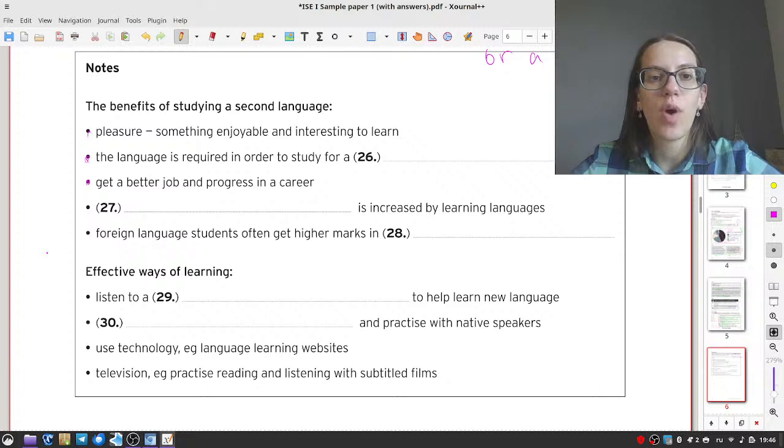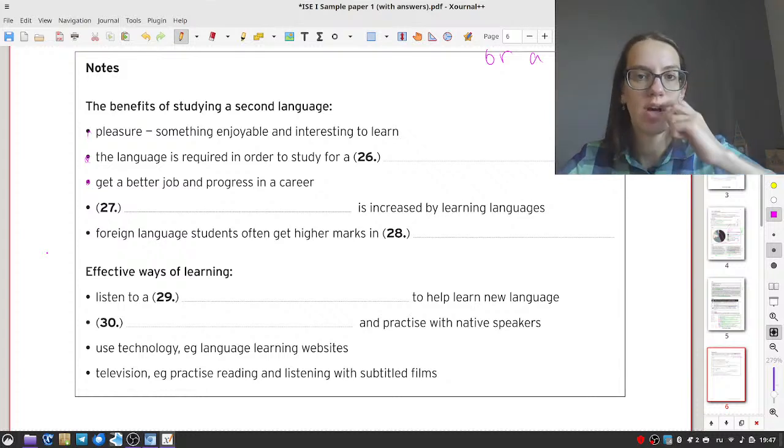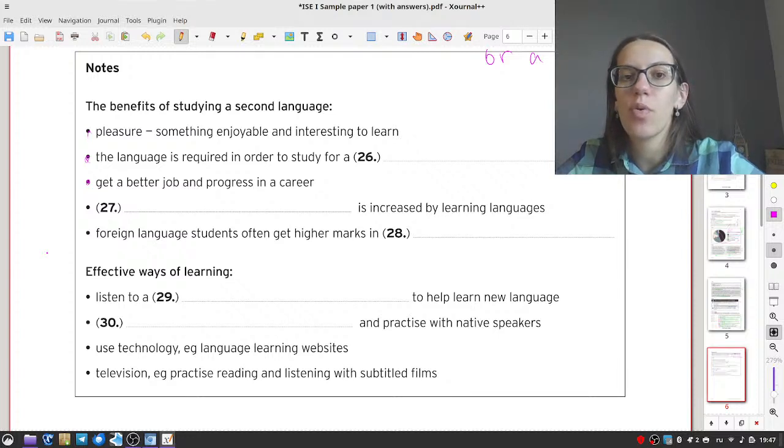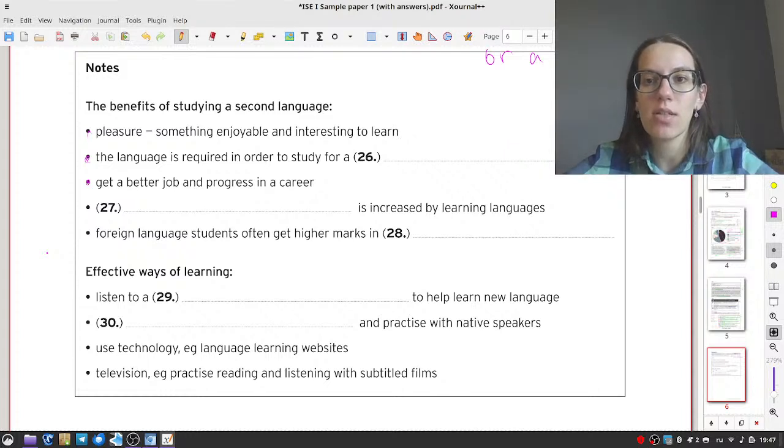The language is required in order to study for a... And now we need to find some word or number or phrase from the text. So, can it be a number? No, it doesn't make any sense. To study for a... what? So it has to be a noun, right? A noun is missing here. Noun or noun phrase or something similar to a noun.